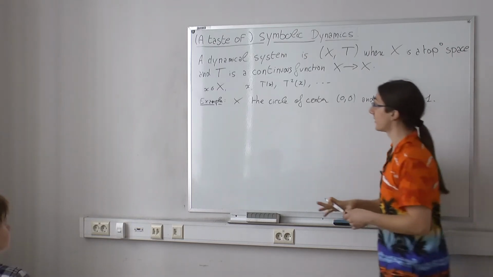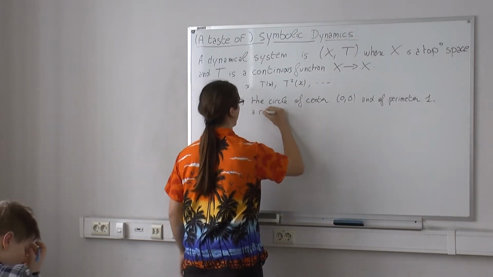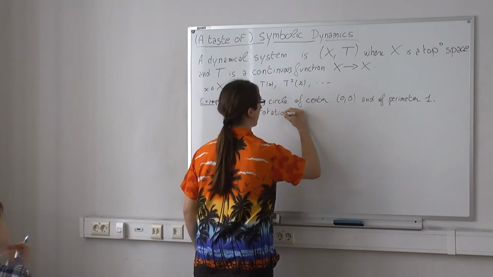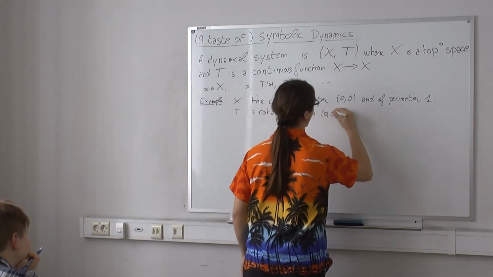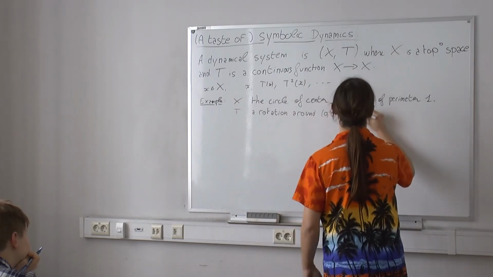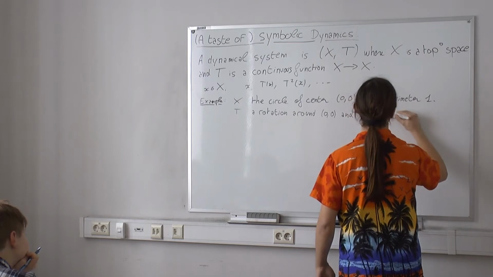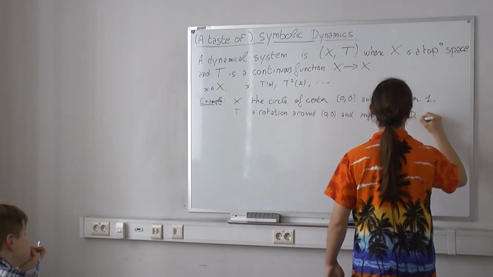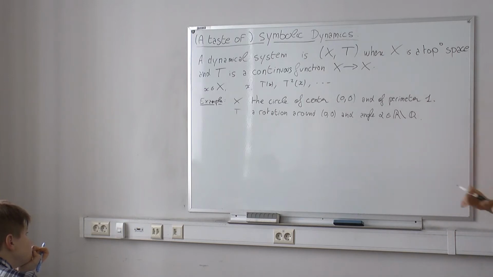You could take any circle. And T, a rotation around the same center, (0, 0), and some angle alpha, say rational. Like this. So the advantage of this example is that we can say many things about it.